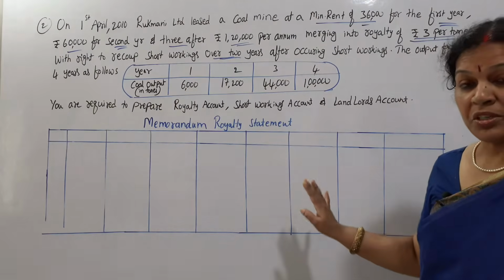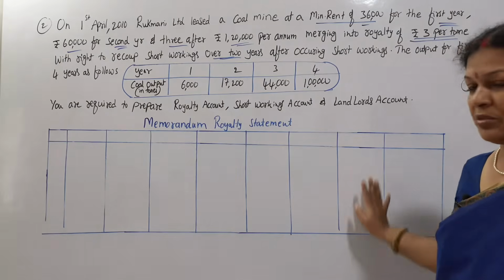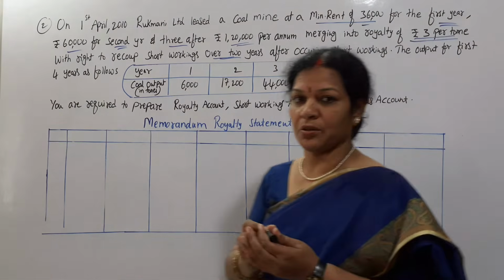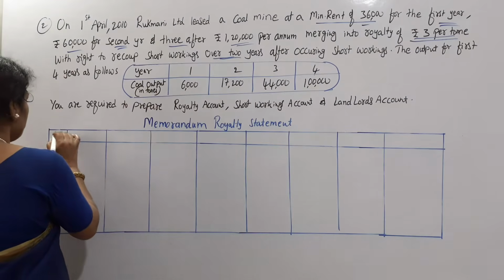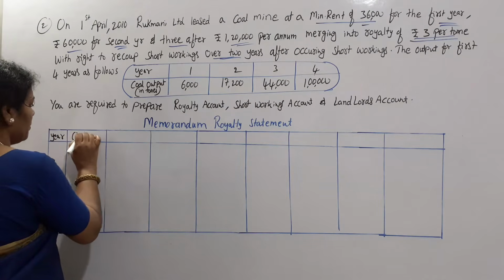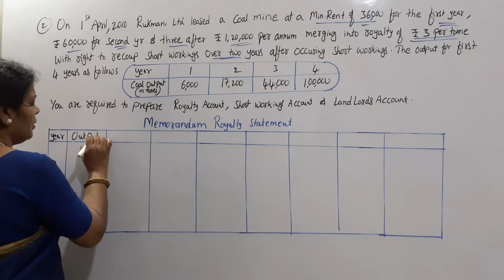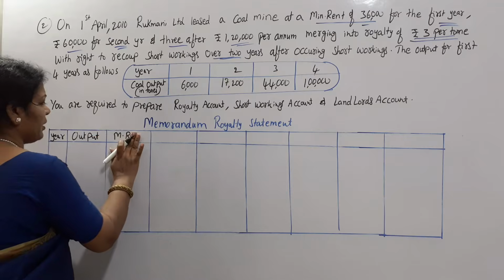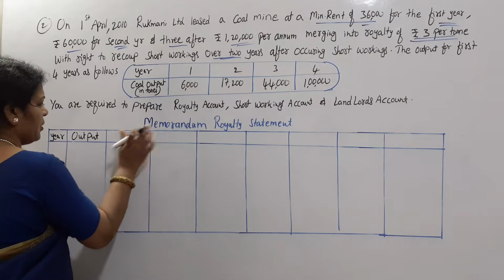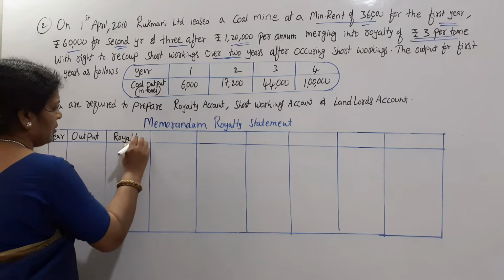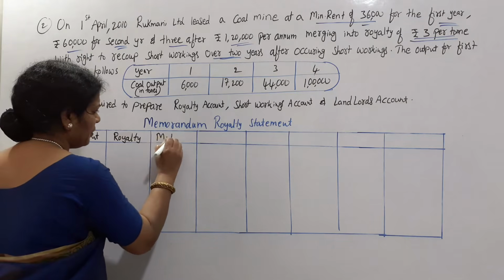How many columns are required? 9 columns, which I have already drawn. What are the columns we will write? First one is year, second one is output, then royalty and minimum rent.